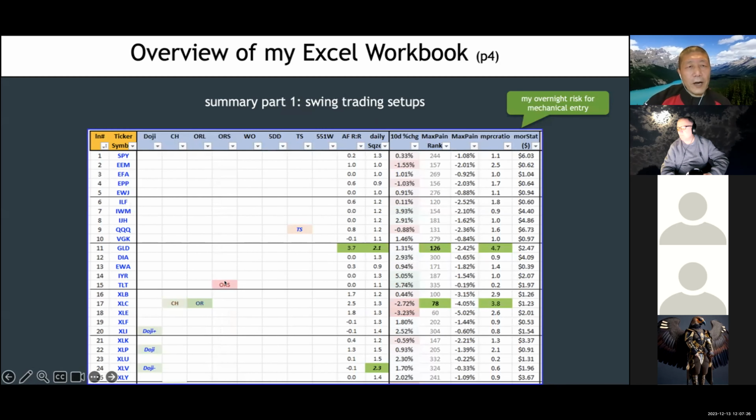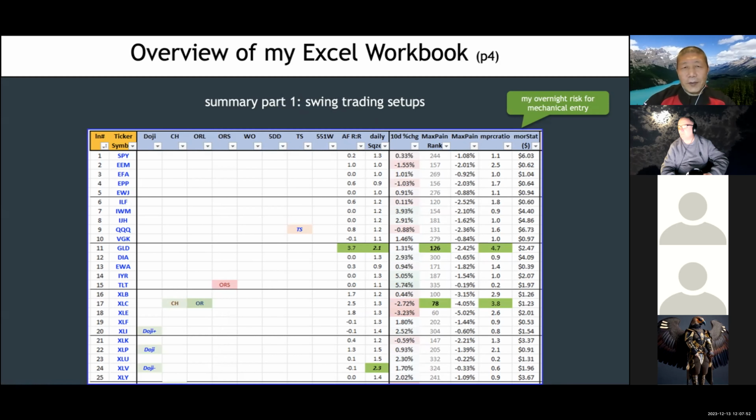This is the summary sheet. That's part one. It includes all of Ken's swing system, also the max pain strategy here. I added one that I call my overnight risk.